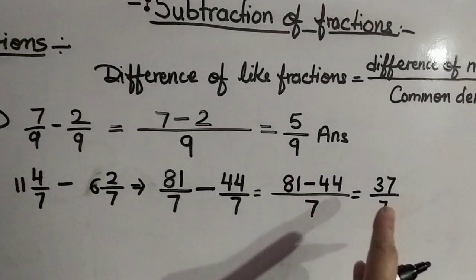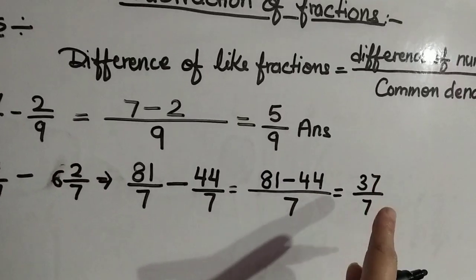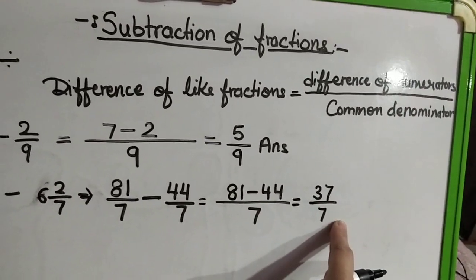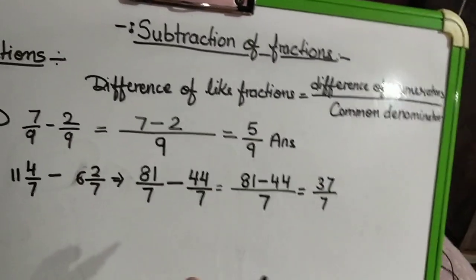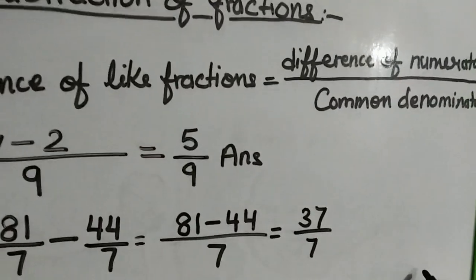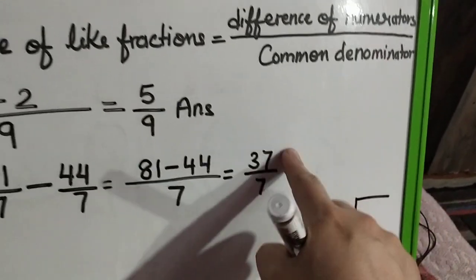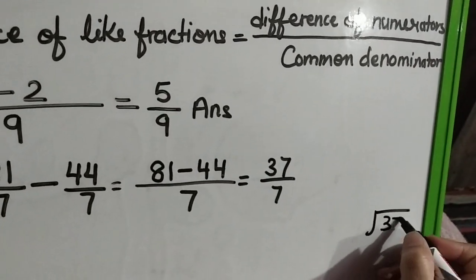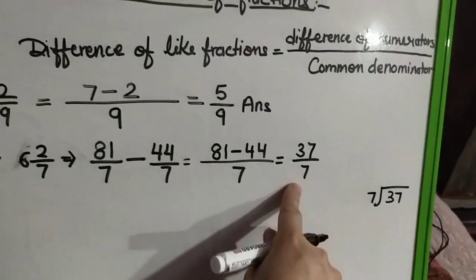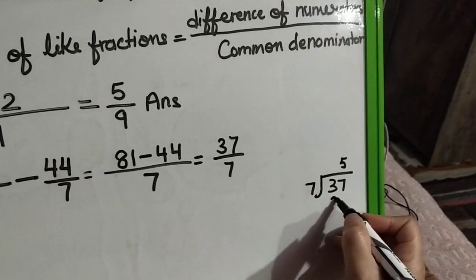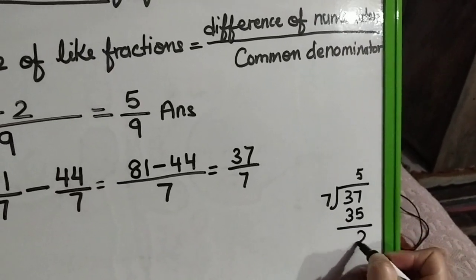Now this answer is in the form of improper fraction. Children, when we get our answer in the form of improper fraction, we change it into mixed number. I told you earlier also how to do it. You divide your numerator by your denominator. 7 5s are 35 and 2 is remainder.